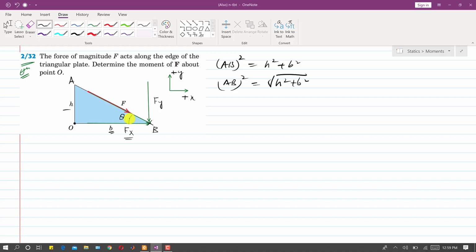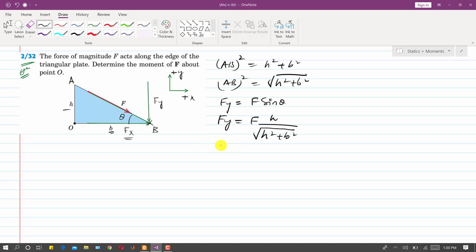So if this is theta, then F_x is F cos theta and F_y is F sin theta, and we only need to find F_y. Sine of theta from this triangle is perpendicular divided by hypotenuse. So perpendicular is h and the hypotenuse is the square root of h squared plus b squared, right? So this is the F_y component of this force.